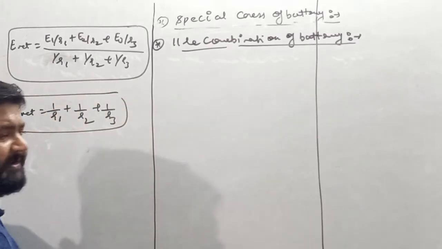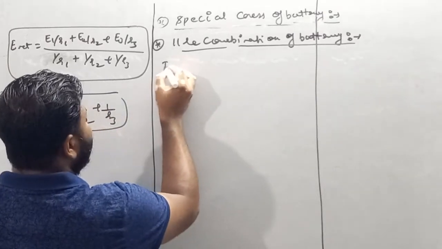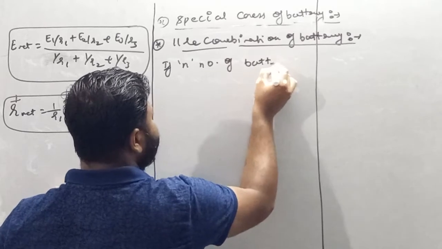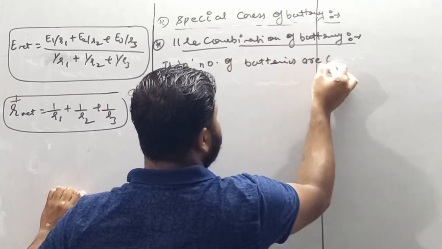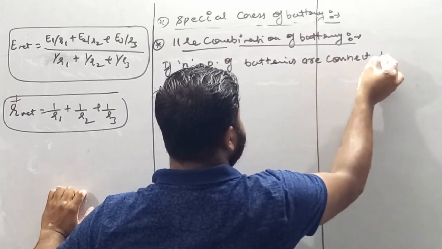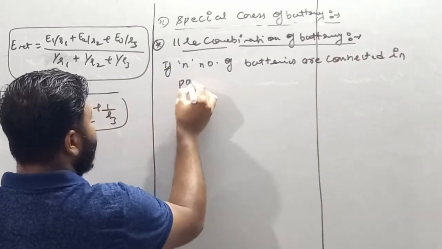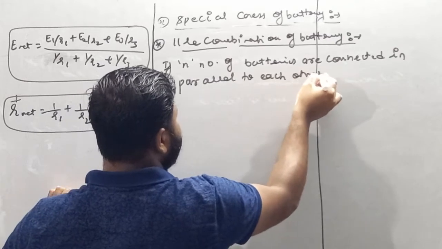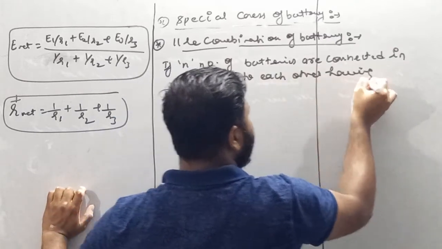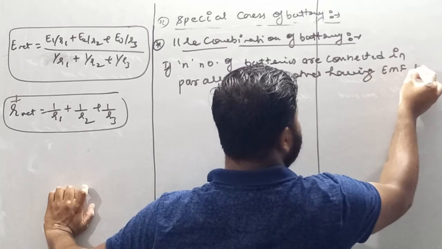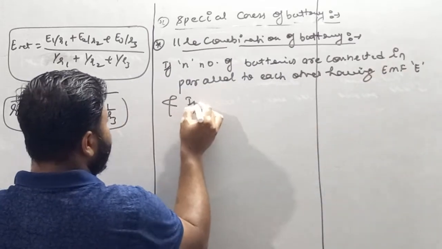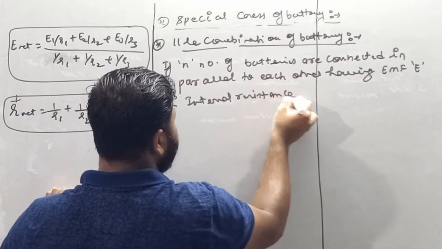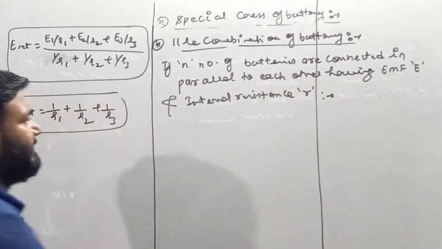Now see, if n number of batteries are connected in parallel to each other, having EMF E and internal resistance R. So what I am saying?